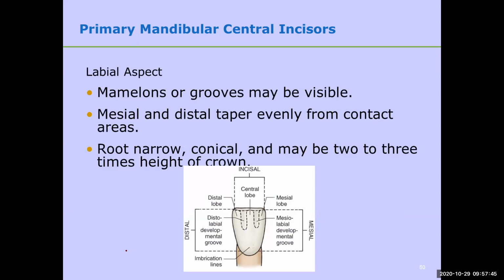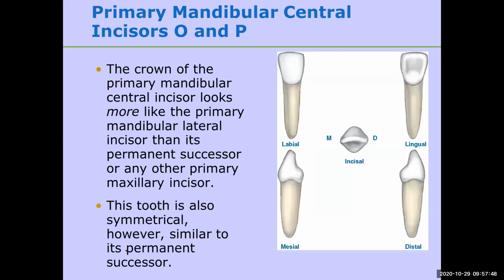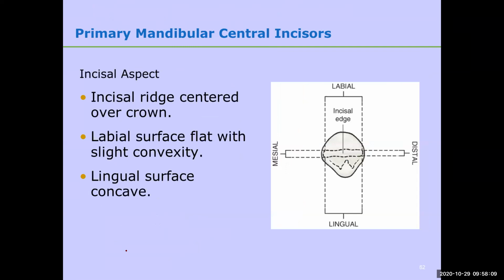Long crowns or long roots compared to the crown. The central incisor is very symmetrical, as it is both deciduous and permanent. Central incisor, very symmetrical, straight incisal edge.